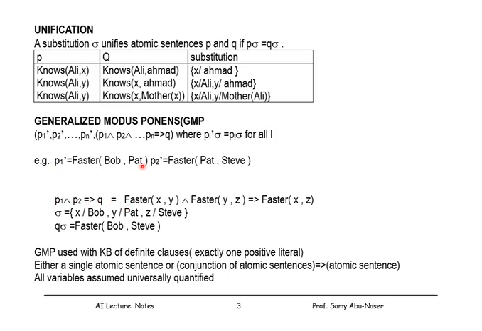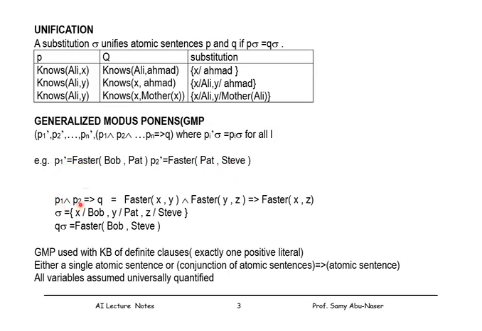It says if P1' and P2' and Pn', and P1 and P2 and Pn implies Q, where Pi' sigma equals Pi sigma for all i, then we conclude Q sigma. Example: P1' equals Faster(Bob, Bet), P2' equals Faster(Bet, Steve).